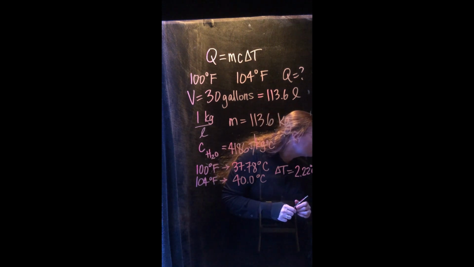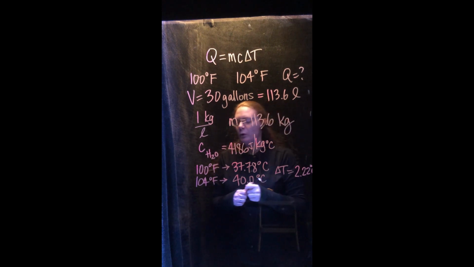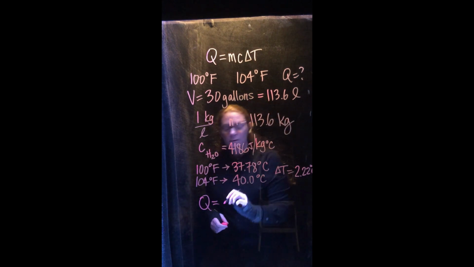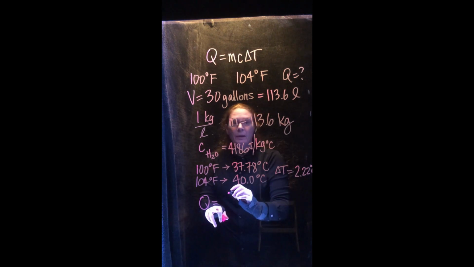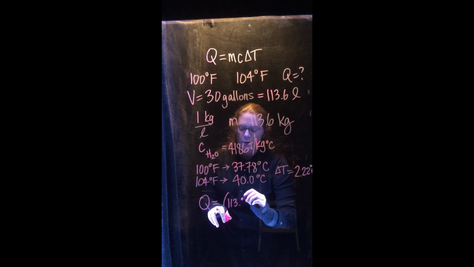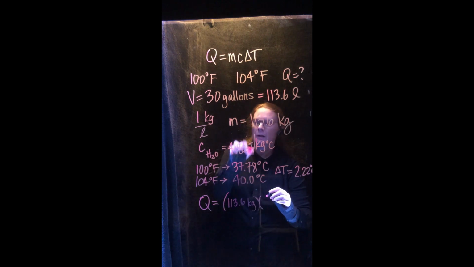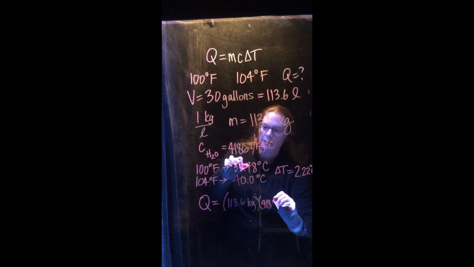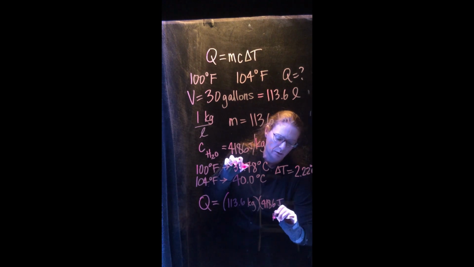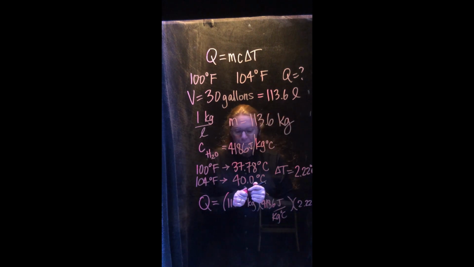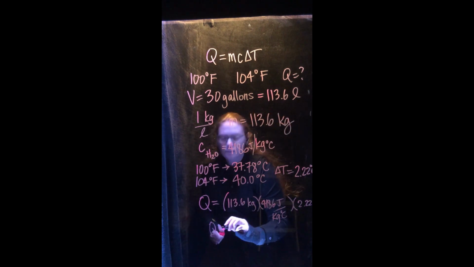Did I get that right? 37.78. Yep. Okay, so let's calculate the heat. The mass was 113.6 kilograms. My specific heat is 4,186 joules per kilogram degree C. And my change in temp is 2.22 degrees C. Grab your calculator, give it a try.